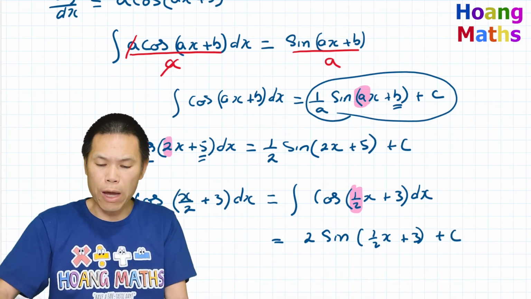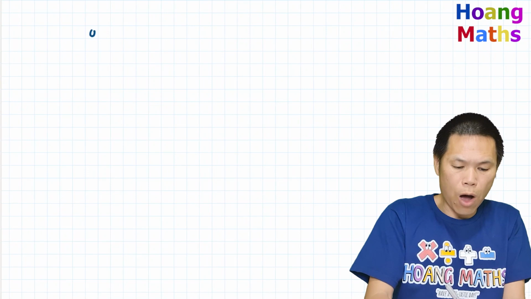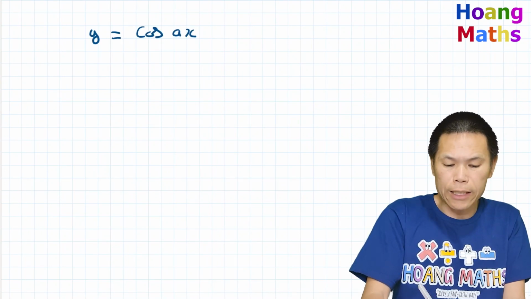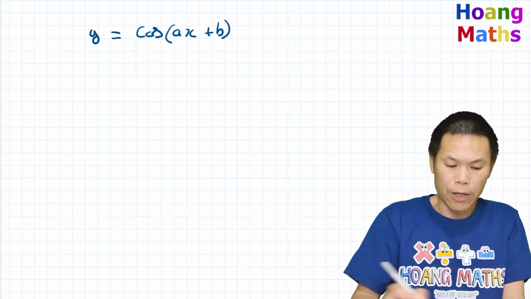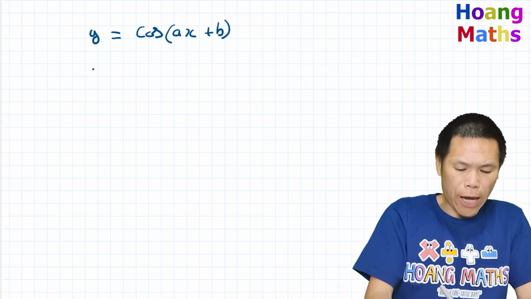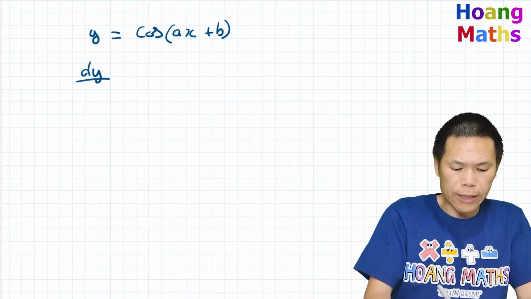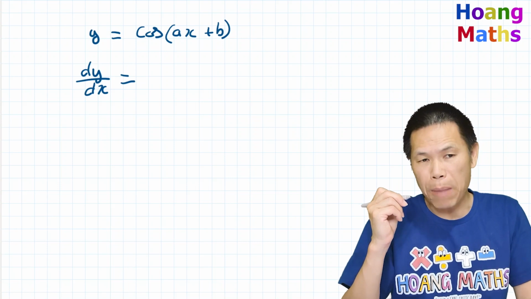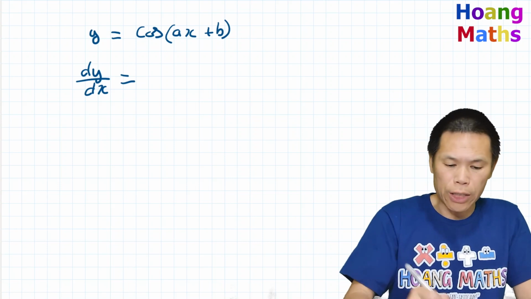So how about if we have a function? Let's say y is equal to cos of ax plus b. Again, we differentiate the function, so we use the power angle trick. So dy dx, or y dash if you like. We differentiate the angle.